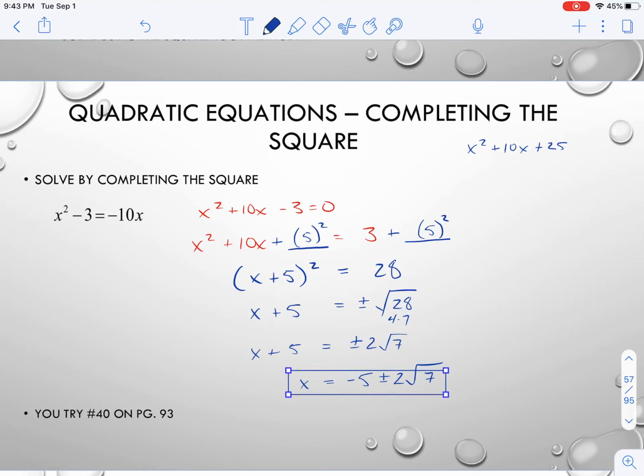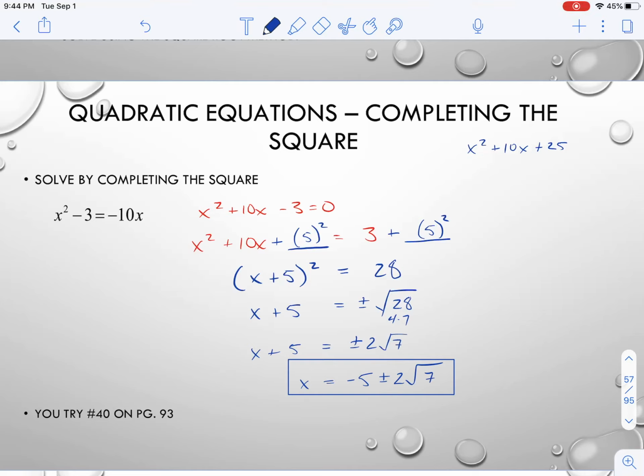This is the exact form for this equation. Yes, I agree that you can take your calculator and come up with a decimal approximation. The quadratic formula program in your graphing calculator is going to give you the decimal. But there are a lot of times where I'm looking for the exact answer, and I'll explicitly ask for the exact answer only. So this is what I'm looking for as a final solution.